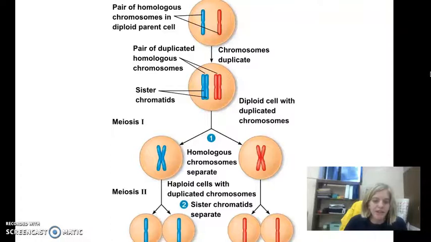In our meiosis division, this is just a very simplified version showing you what happens with our chromosomes. In interphase, before the chromosomes get duplicated, we have just one of each, but then they are duplicated, and we end up with what are known as sister chromatids, the two duplicated chromosomes that are exactly the same.